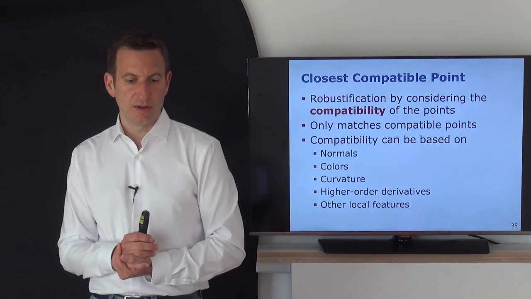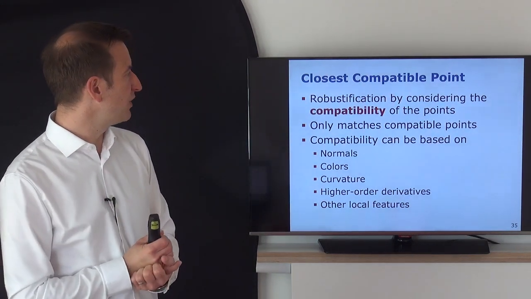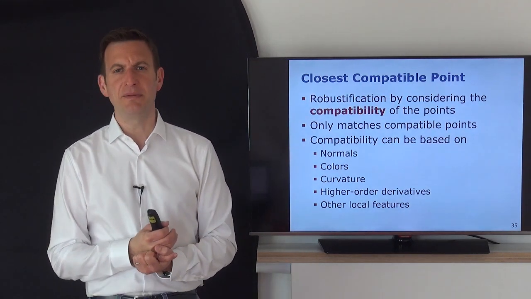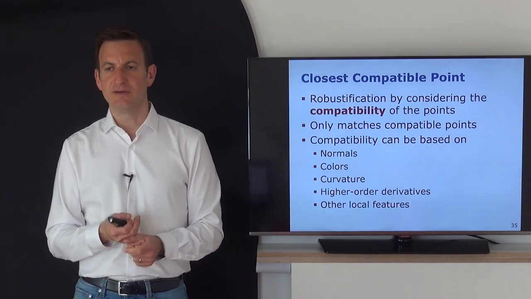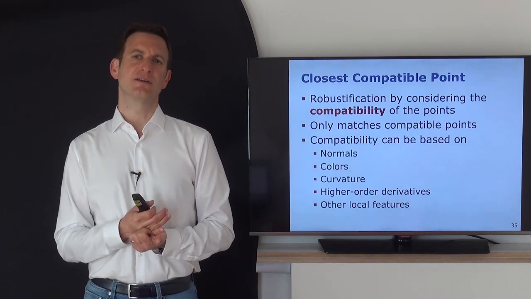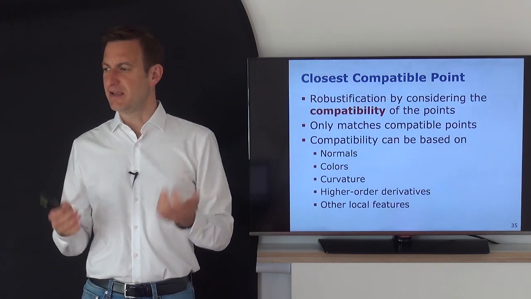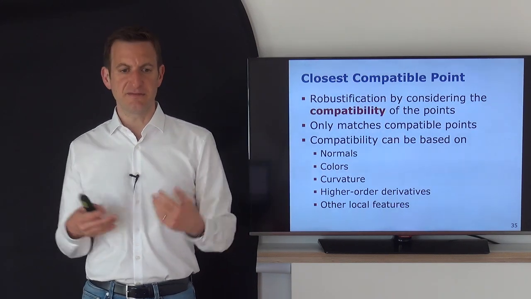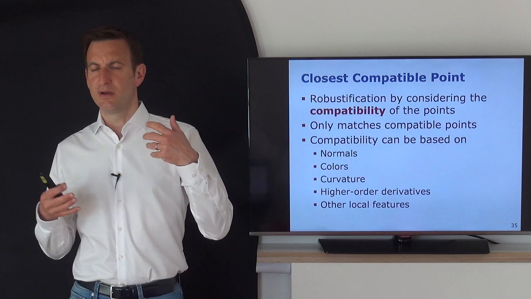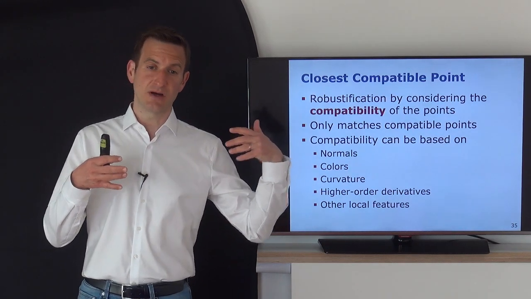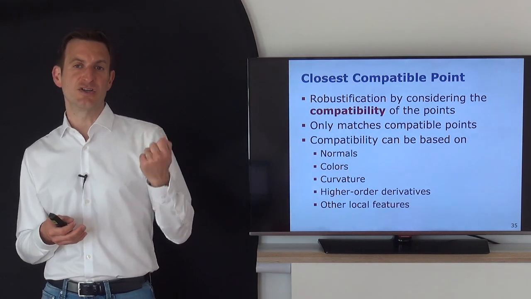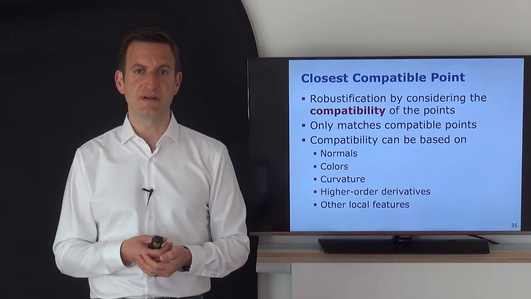You can also do other things. You can compute some, let's say, compatibility measure between points. So if you have additional information like color information, or from a laser scanner, let's say the reflectivity value, or if you have an RGBD camera, you also have the RGB value, the color value for every individual point.